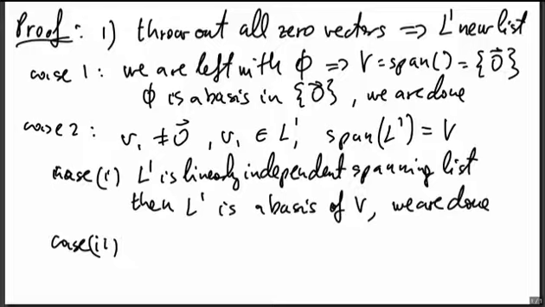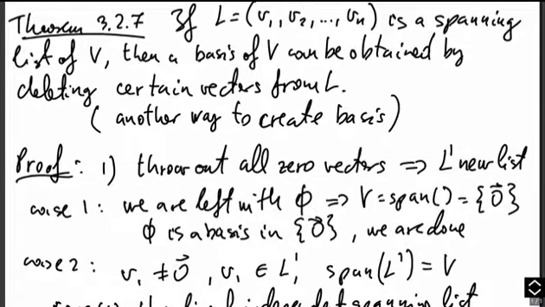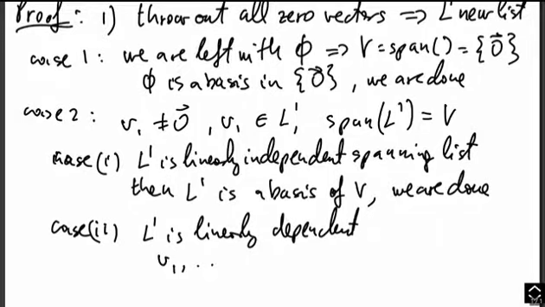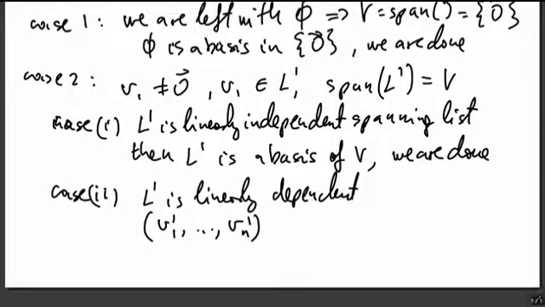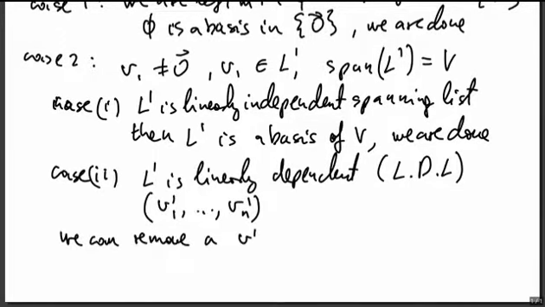Then if L prime is linearly dependent, that means that we still have too many vectors in it. We have some vectors v1, but it was originally v1, v2, through vn. So let's say we have v1 prime through vn prime, a linearly dependent list. Then we have the linear dependence lemma, which says that we can throw out one of the vectors and still have the same span. We can remove vj prime and still have the same span.